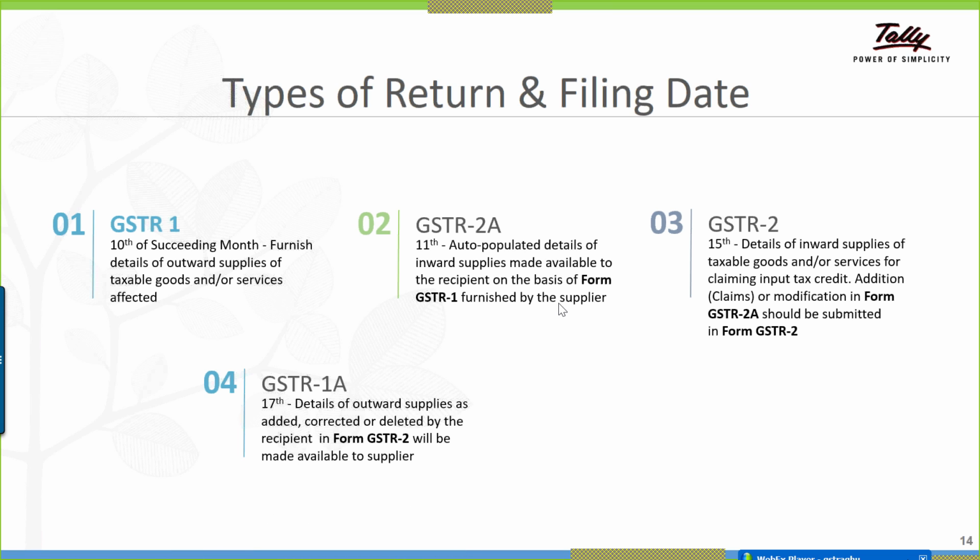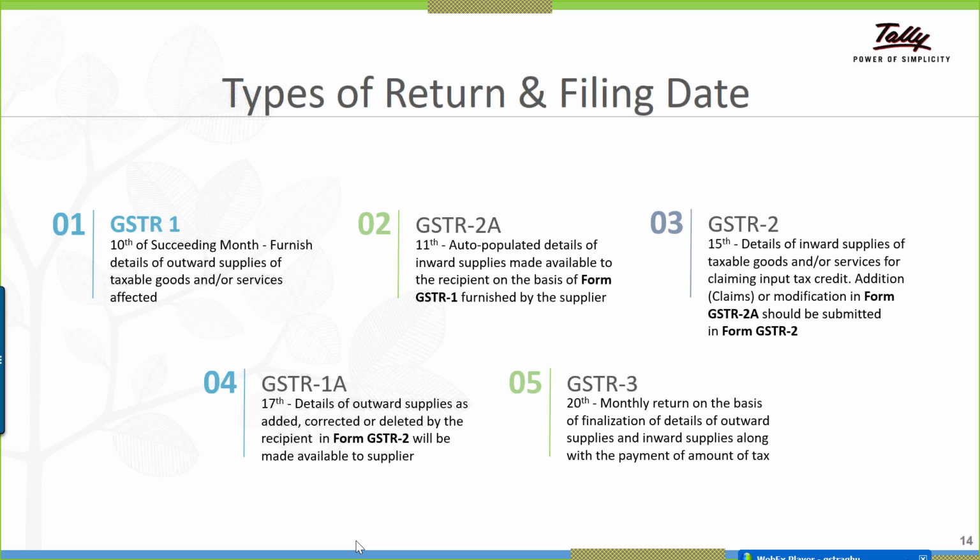By the 17th you have to accept something: if some alterations were suggested by the recipient, those need to be accepted, where you have only 2 days of time, the 15th and 17th. Within 2 days you have to upload the GSTR 2 if it is amended.